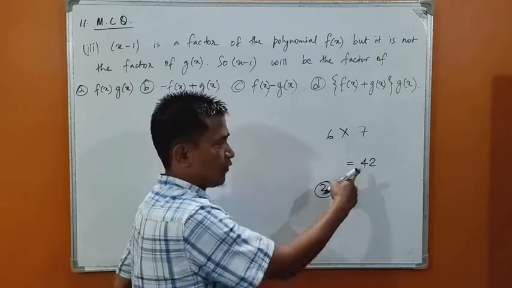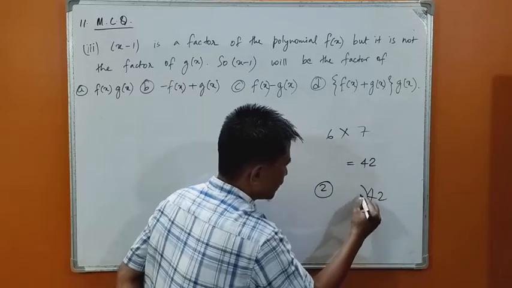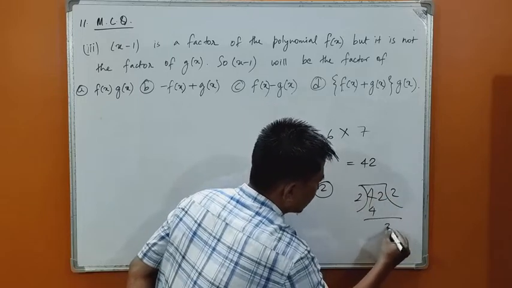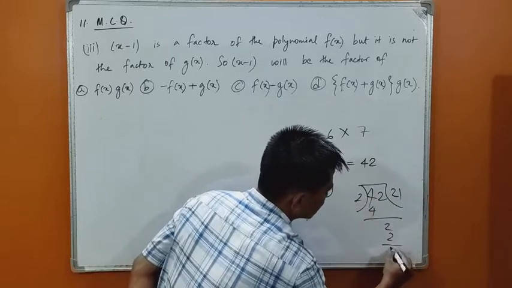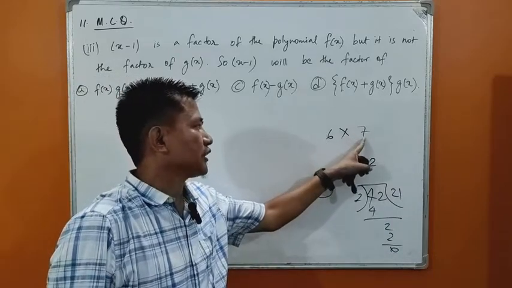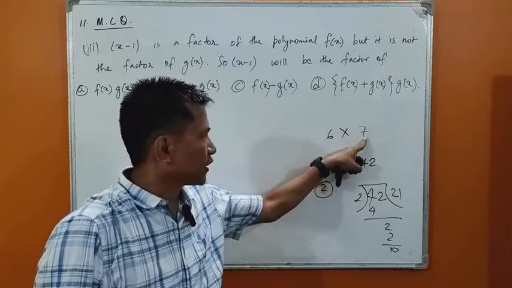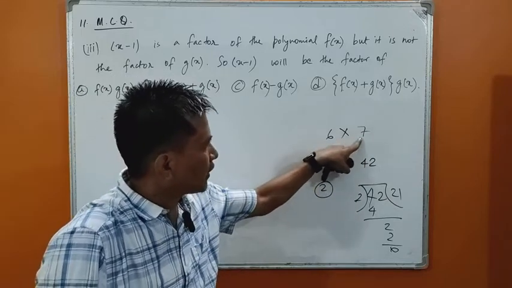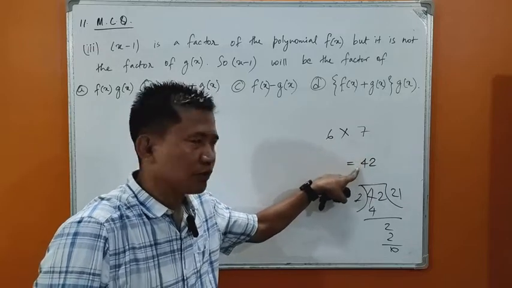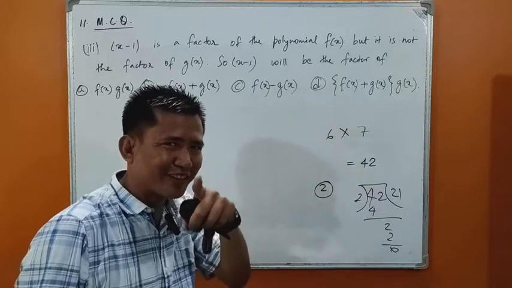Is 2 a factor of 42? Yes, because when you divide 42 by 2, 2 twos are 4, 2 comes down, 2 ones are 2, so the remainder is 0. So even though 2 was not a factor of 7, the product which we got contains the factor 2. Are you getting me?